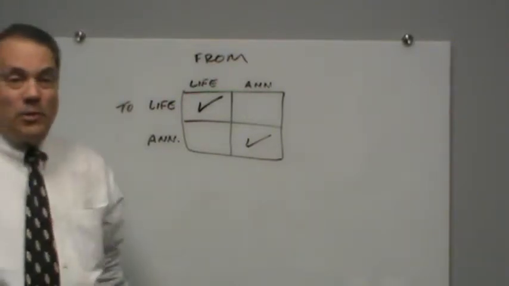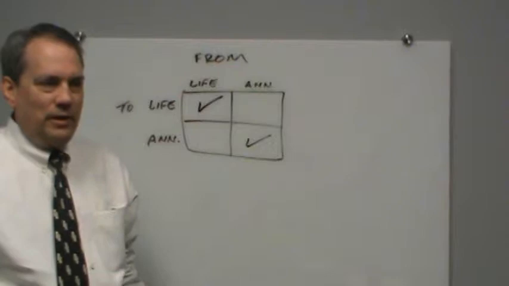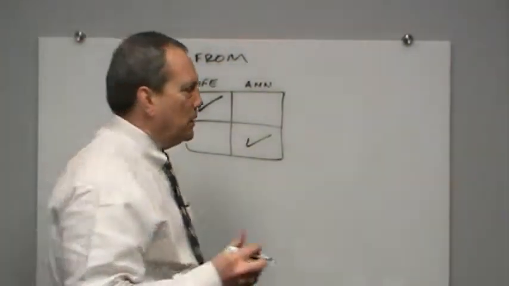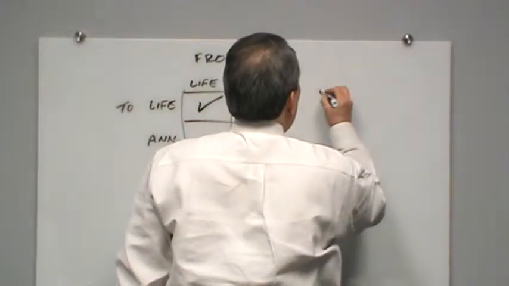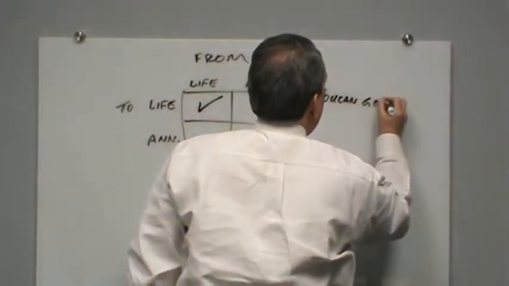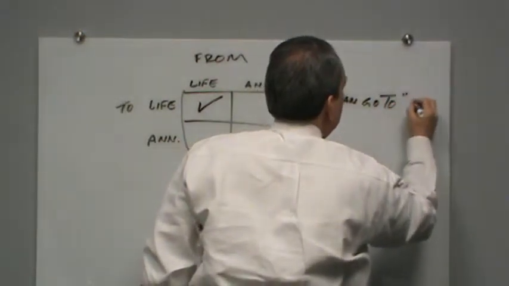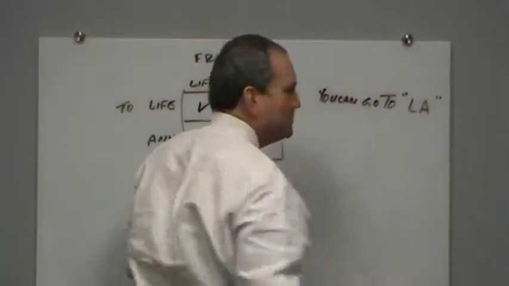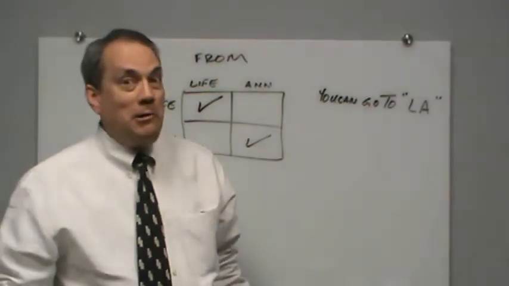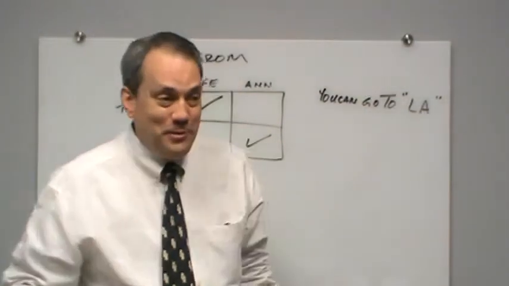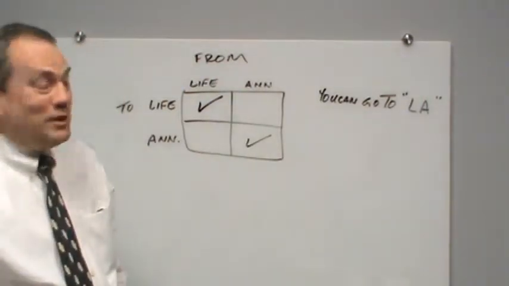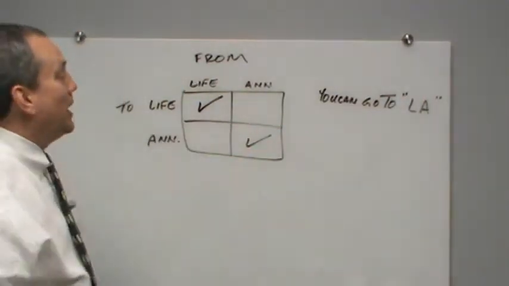But now, let's go on vacation. All right, we've worked real hard. Let's go on vacation. Where are we going to go on vacation? Well, let's see. You know what? You can go to LA. Whether that's Los Angeles or down in New Orleans. Okay, I don't know about you, but I can eat a ton of those crawfish. But anyway, be that as it may, you can go to LA.